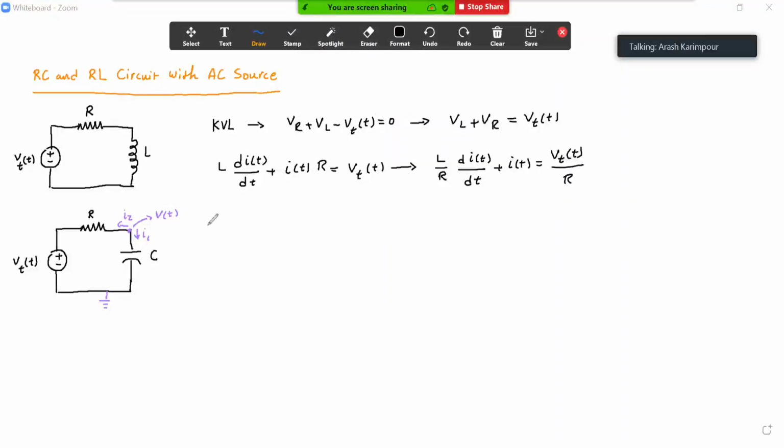If I write the KCL, it says that I1 plus I2 should become 0.